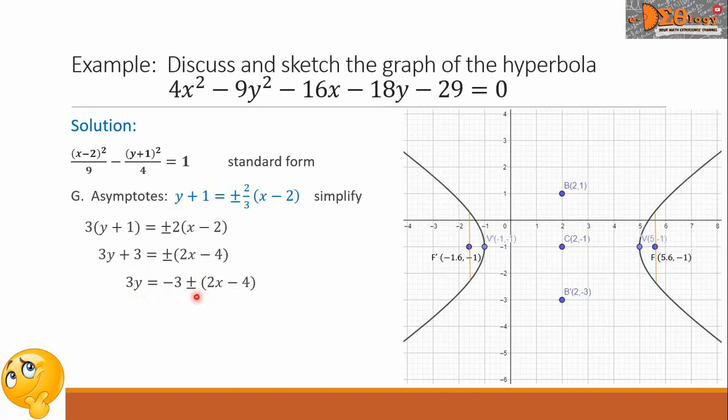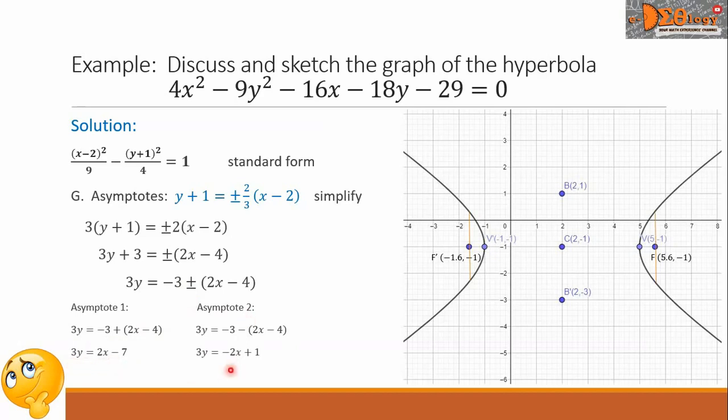Let us now separate the plus or minus so that we will have the specific equations for the asymptotes. For asymptote 1, we will use the plus sign. For the second asymptote, we will use the negative sign. Let us remove the grouping symbols and combine the constants. So we have here 3y equals 2x minus 7.